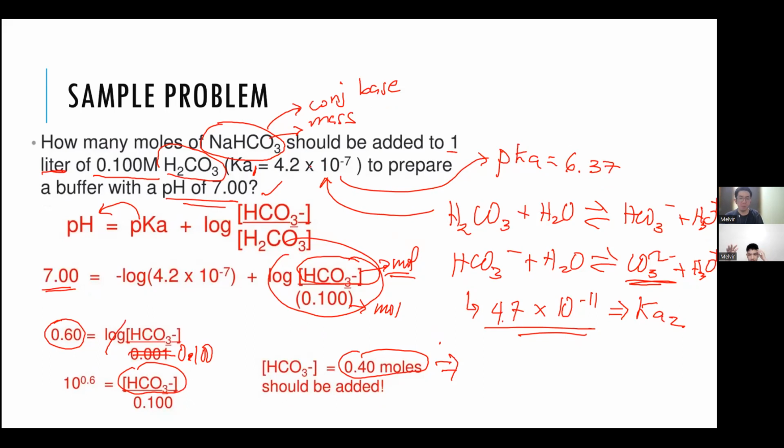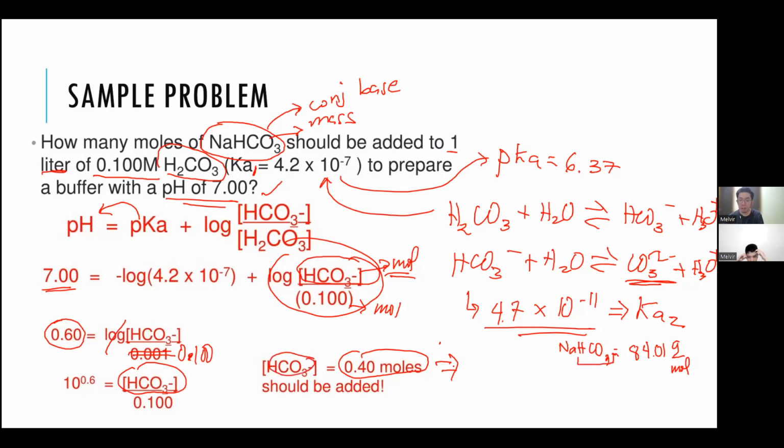So, sodium bicarbonate, lagay ko lang muna dito. 84.01 grams per mole. So ngayon, Josh, alam naman natin na based sa formula, meron kang 1 mole ng bicarbonate.